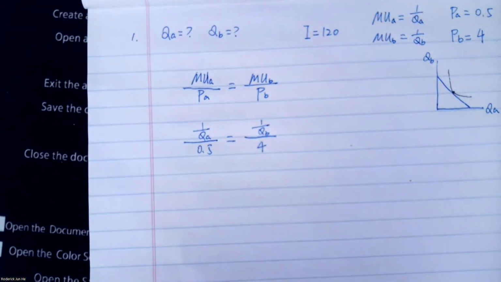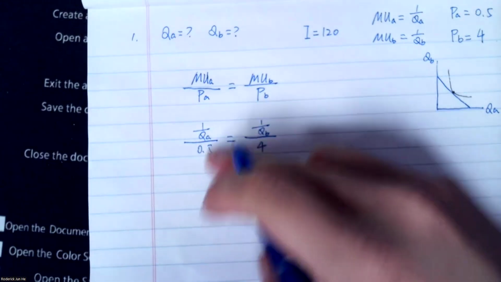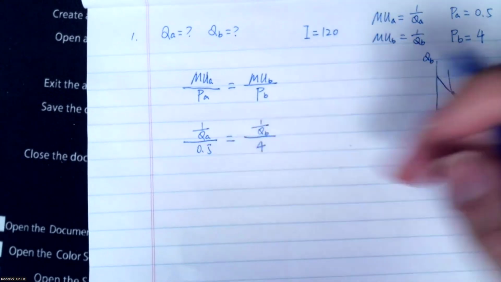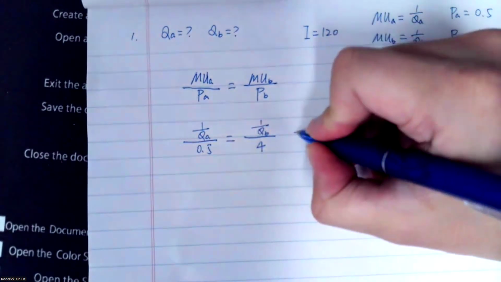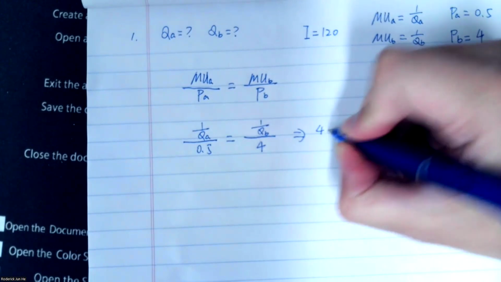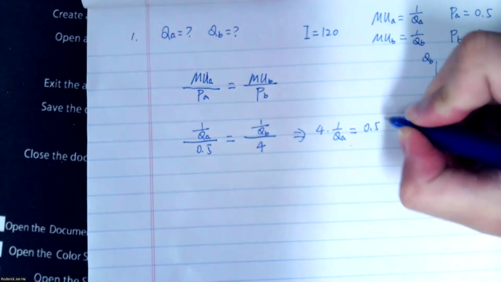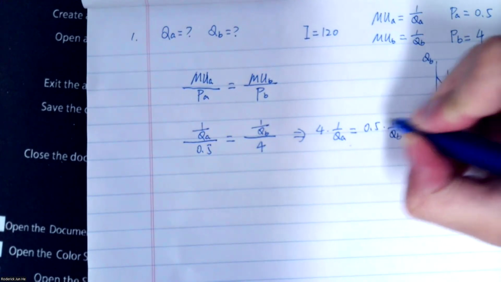Okay, so now you have many ways to solve this. What I like to do for this fraction over fraction is cross multiplication. So here what we have is 4 times 1 over QA equals 0.5 times 1 over QB.